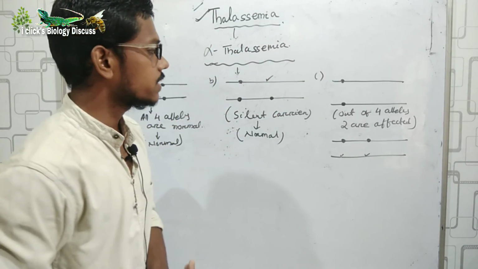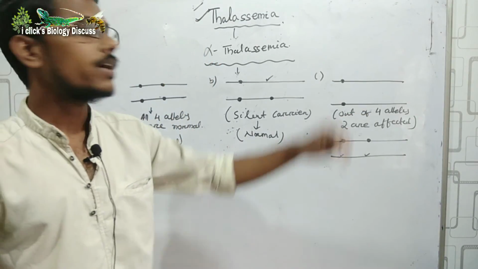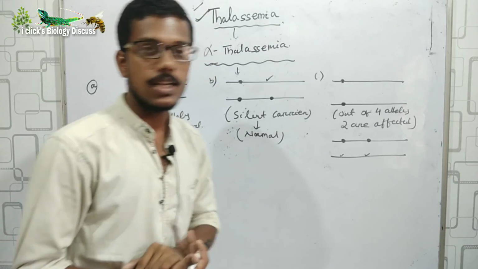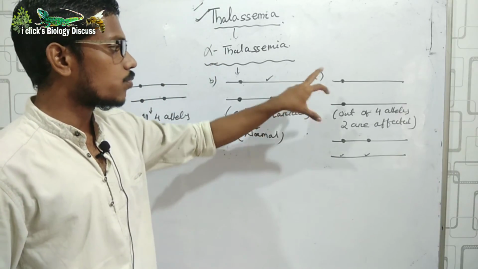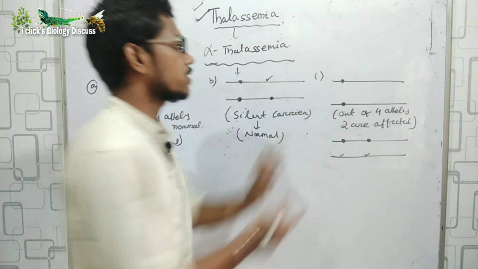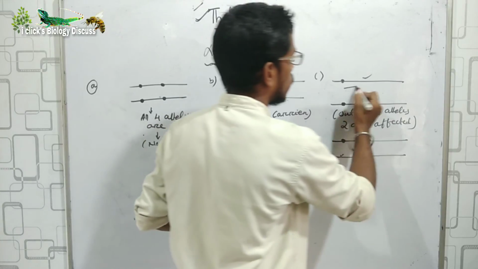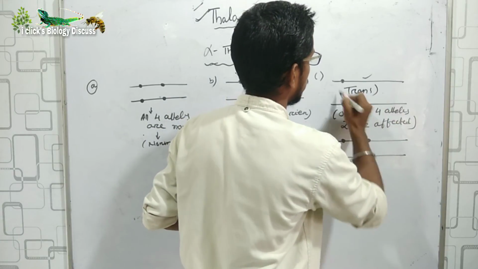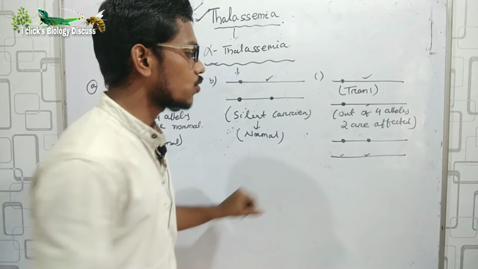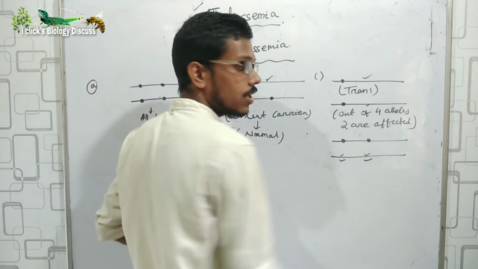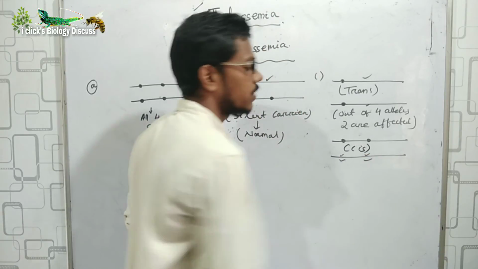In the other case, the affected or mutated alleles are in 2 different chromosomes. If the mutation is occurring in both chromosomes, then this is called the trans condition. And here the mutation occurs in the alleles of the same chromosome, so this is called the cis condition or cis configuration.